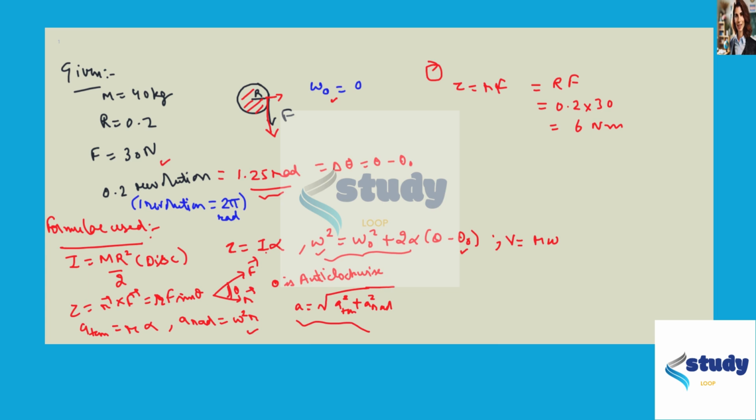Now using this equation, I alpha equals 6 newton meter, with I equal to mr square over 2, so we get 7.5 radian per second square. That's your angular acceleration.